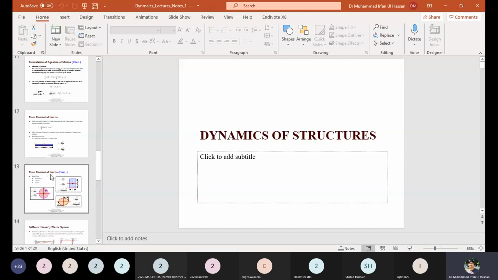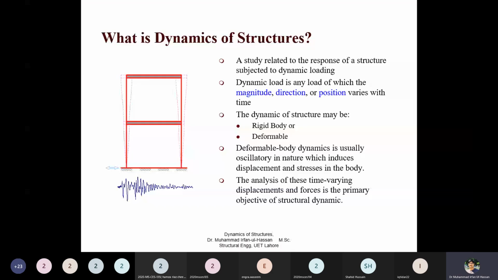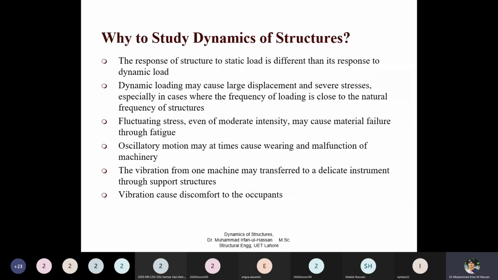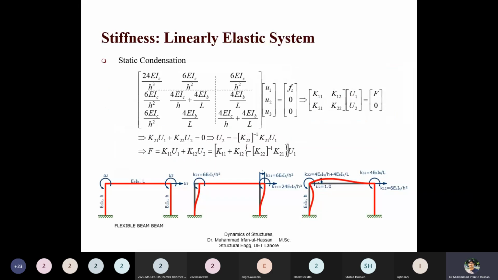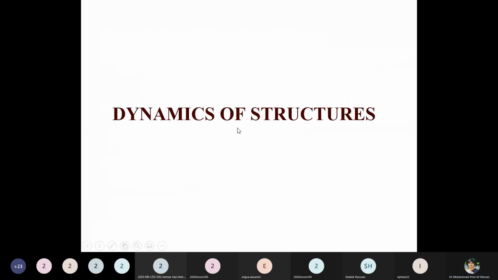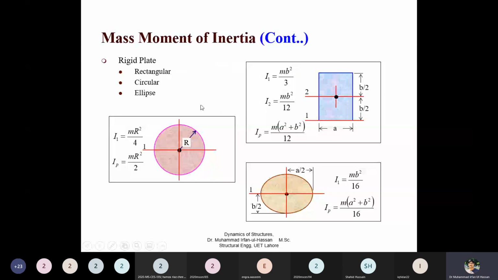About the mass moment of inertia in this lecture, the mass moment of area was for different cases like this one. For different shapes, the mass moment of inertia is written on this slide.